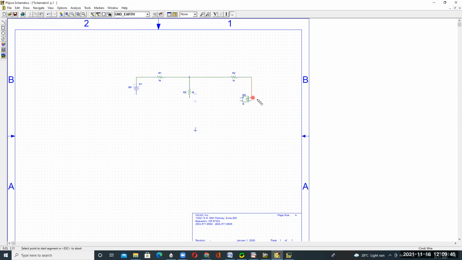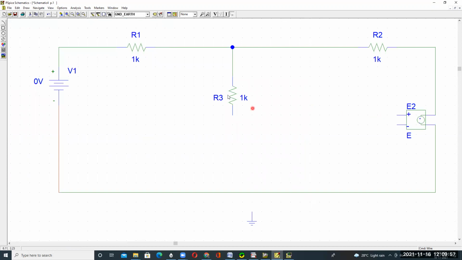One side of the voltage source is connected to a resistor, and this is also connected like this, and connected to ground. So this voltage-controlled voltage source is depending upon resistor R.